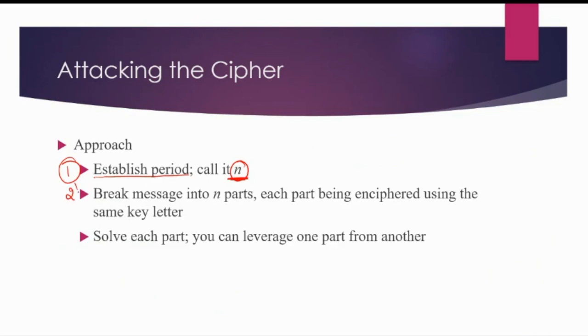As a second step, we will break the entire message into n parts. If you remember, n is the length of the key. So if I go back to our previous example, suppose we have a plain text. Let's assume a plain text attack is possible.